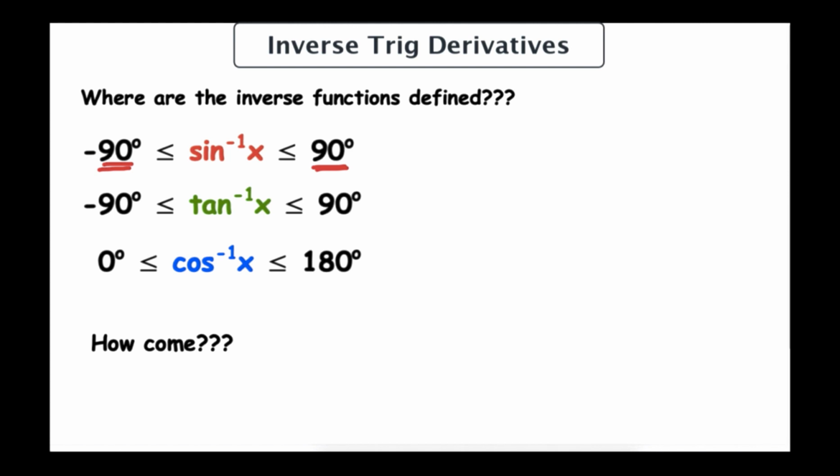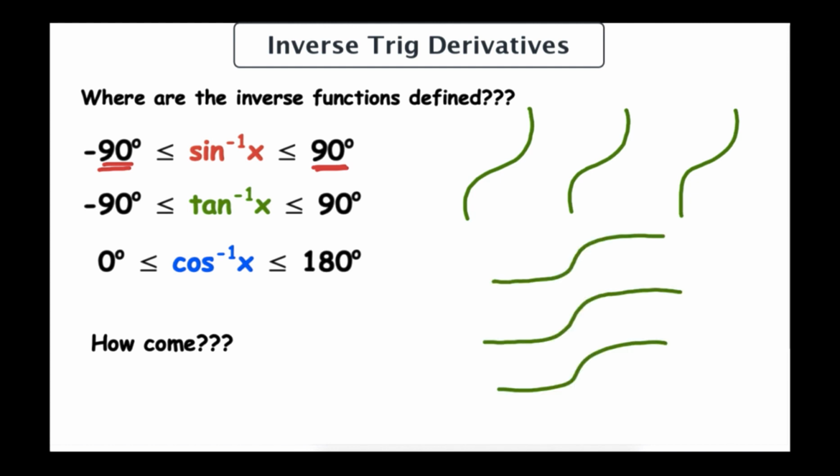Same thing with tangent. The graph of tangent, as you guys know, is a bunch of repeating, it almost looks like S-curves, and they have asymptotes in between them. If you were to flip this around and make it an inverse function, it would look like this. Which again is no good. That's a bad violation of the vertical line test.